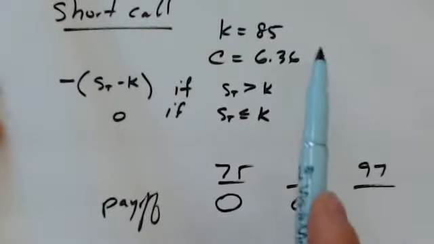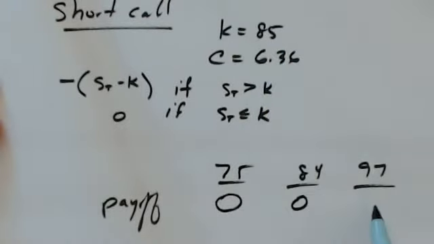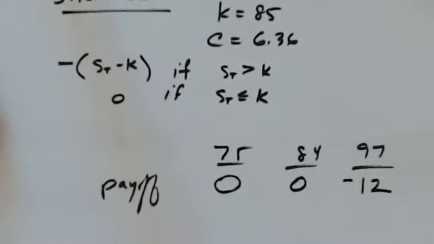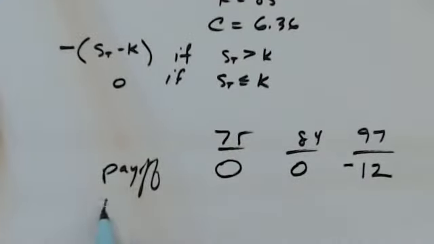I get to buy the stock at 85 when it trades at 97. The holder now is going to expect a profit of $12. Right? That's what we saw a couple minutes ago in the previous example. But don't forget this negative sign here. The gain that the holder got is a loss to the short. Now, there's a premium involved here, right?